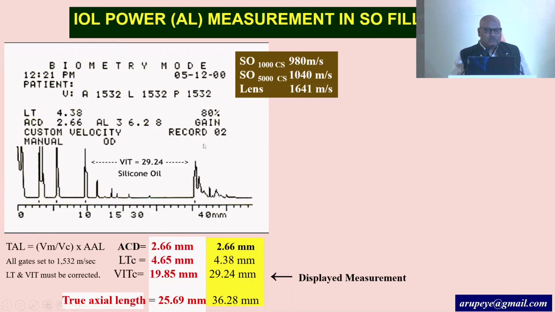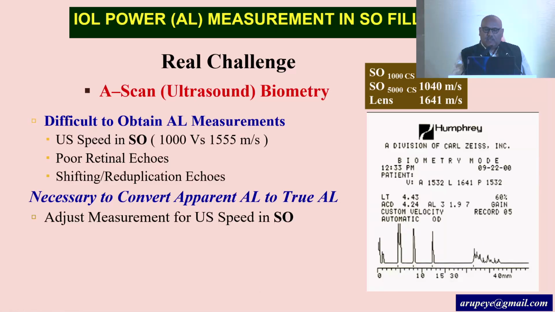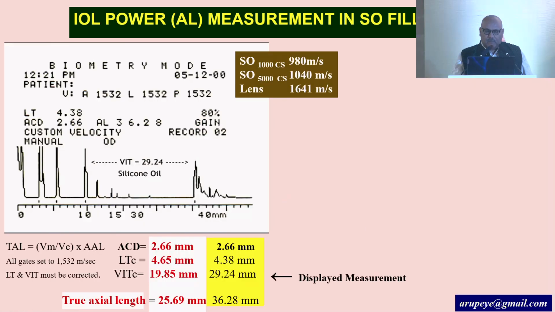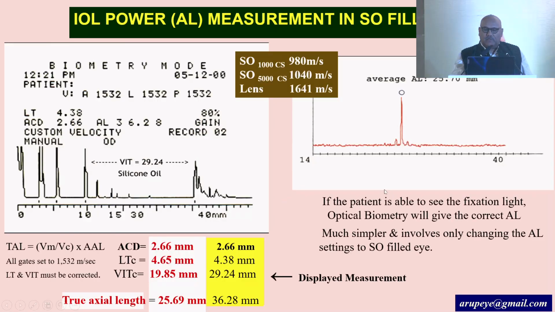So depending upon the velocity of sound in the silicone oil, the distances measured can be adjusted, and ultimately you see that the true axial length is only 25.69, while the apparent axial length was 36.28, and that was actually confirmed by an optical biometry that was done, which again gave an axial length of 25.7 millimeters.